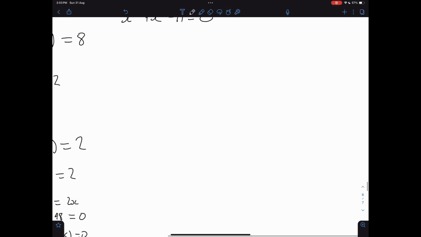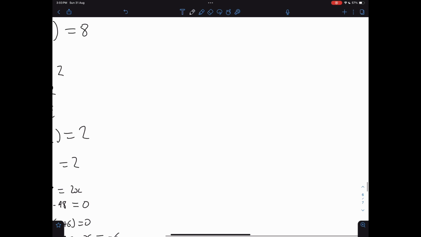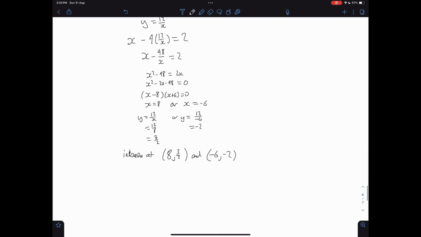And there are a whole raft of things it could ask you, but generally it'll give you one linear and one non-linear. So one that's got nothing more than the power of 1 for variables, but the other one might have some more. Generally, only the highest power is 2, though. And you'll have to figure that out.